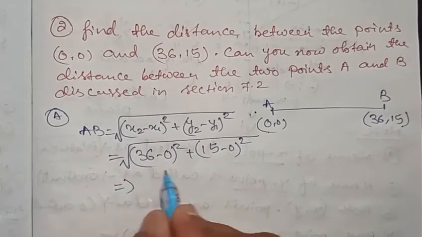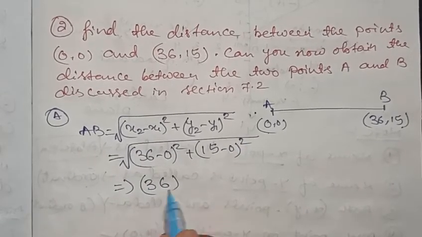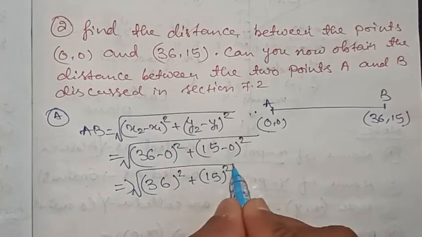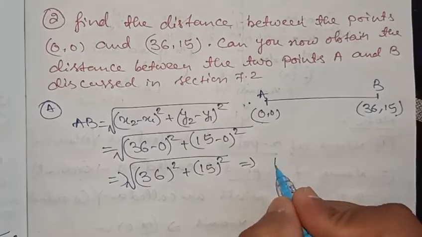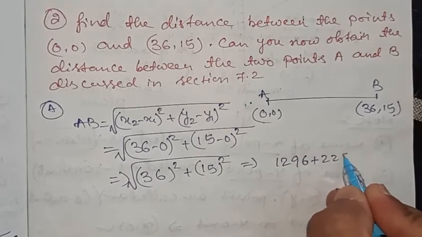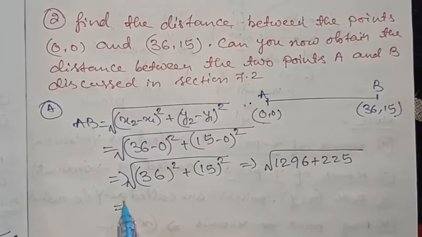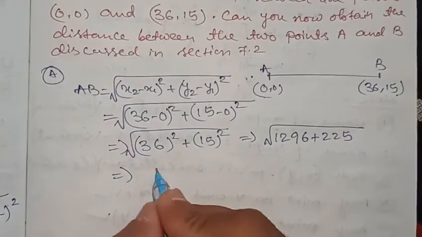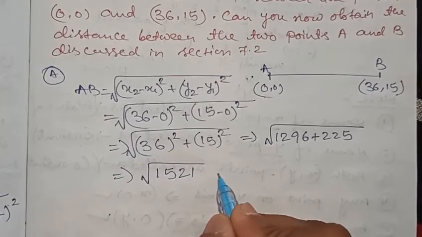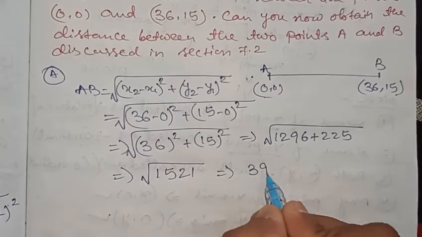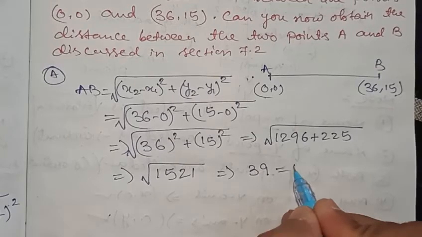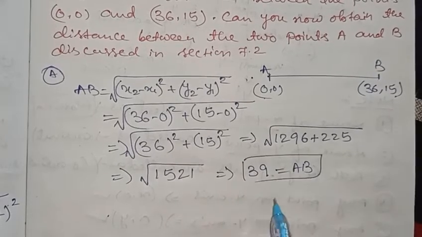So 36 minus 0 is 36 whole square plus 15 minus 0 is 15 whole square. 36 square is 1296 plus 15 square is 225, under the square root. When we add both, we will get 1521 under the square root, and square root of 1521 is 39. So the distance between AB is 39.